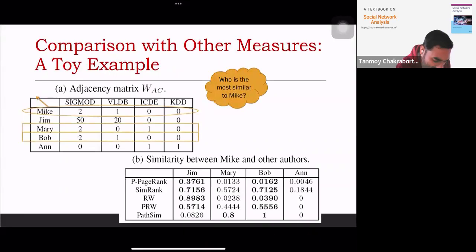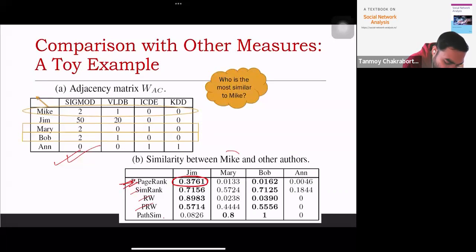If you look at other similarity measures like personalized PageRank, SimRank, random walk, personalized random walk, and PathSim, you see that with respect to PageRank, Jim is considered the most similar author of Mike, which is not correct.